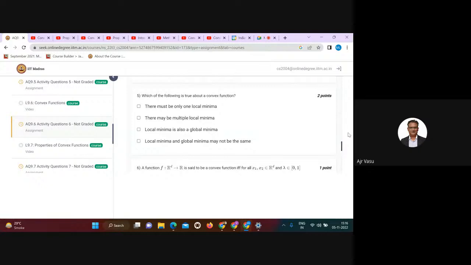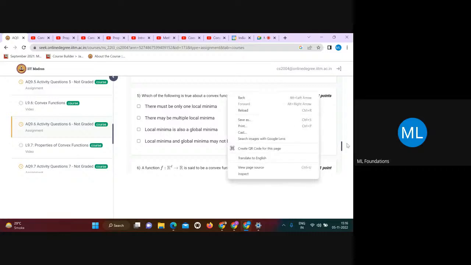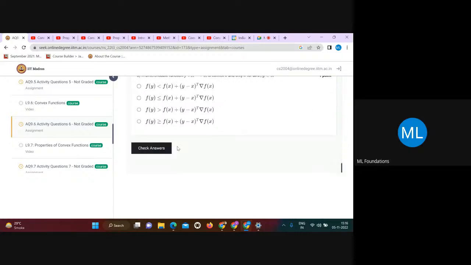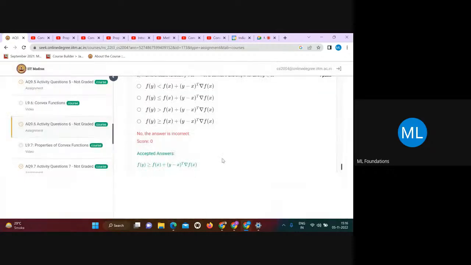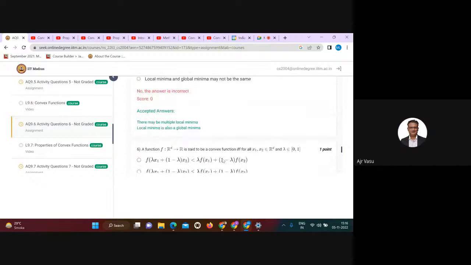There may be multiple local minima, and local minima is also global minima. Right? That the local minima is global minima is clear, but I wasn't clear that they can have multiple local minima. So see what they have given there. This is what he was talking about. Yeah, now I got it.